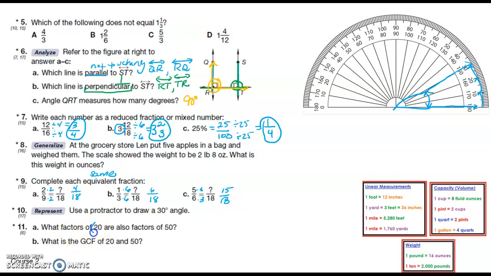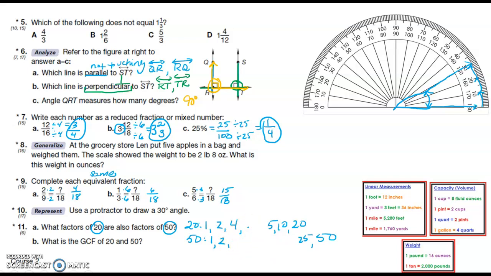11. What factors of 20 are also factors of 50? So I'm going to have to do factors of 20. So I have 1 and 20, 2 and 10, 3 doesn't go into it, 4 and 5, 6, 7, 8, 9. No, that's it. Okay, so let's do 50. 1 and 50, 2 and 25, 3, no, 4, maybe.